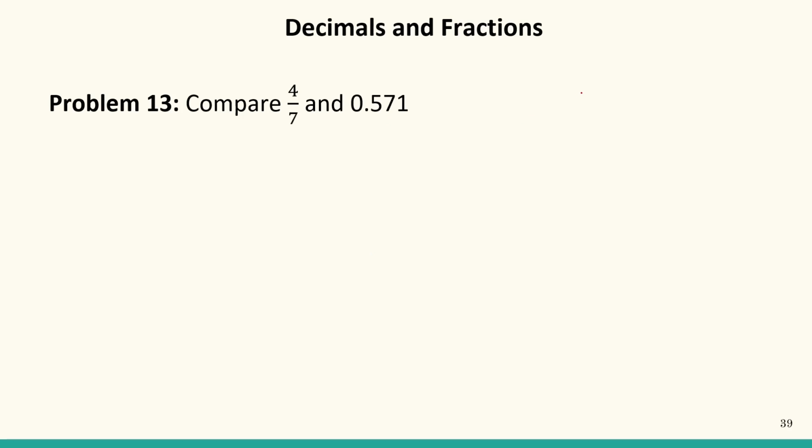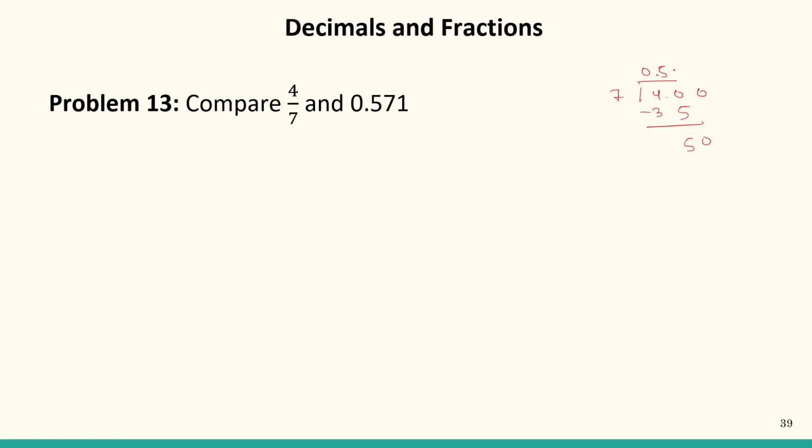So let's convert 4/7 into decimal. 7 into 4.0, and 7 into 5 is 35, and we have got 5, and then again another 0, we can put it down here.